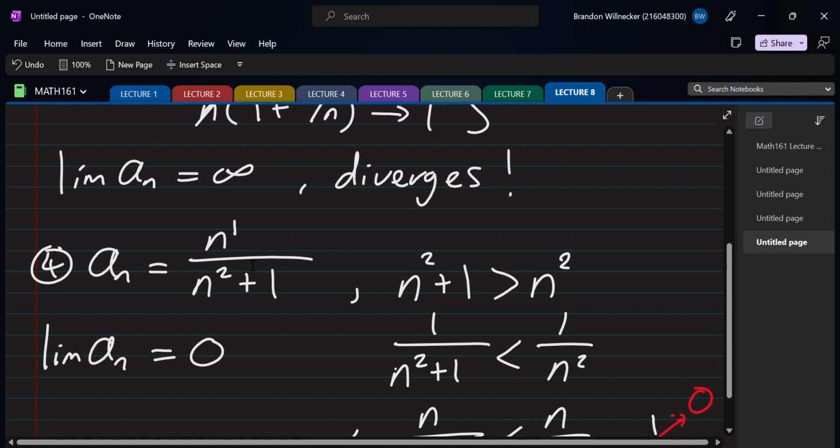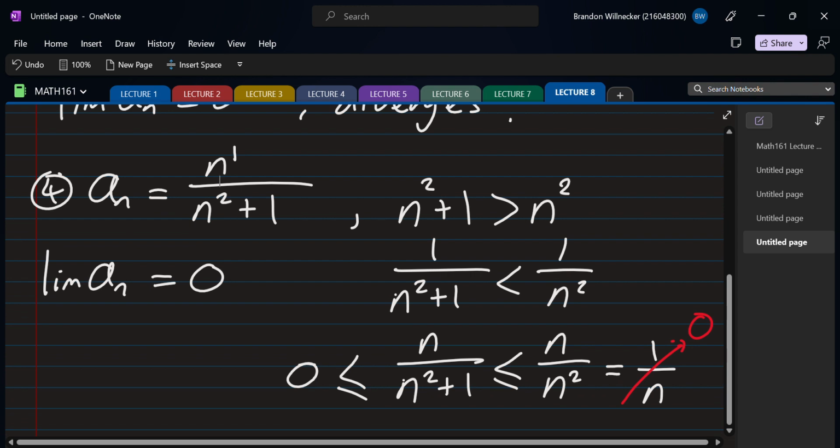And in the limit, when n gets very, very large, n squared is much bigger than 1, so we can ignore the 1. So the numerator is n to the 1, the denominator is just n squared, again in the limit. So n over n squared, that's 1 over n. 1 over n goes to 0, so our sequence also goes to 0. Okay, so that's just a quick recap of the thinking. Please actually show the working when you do these.